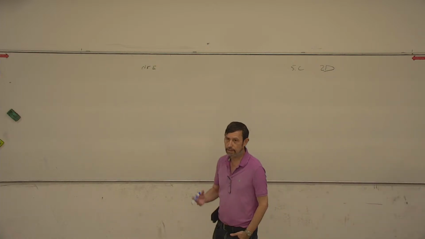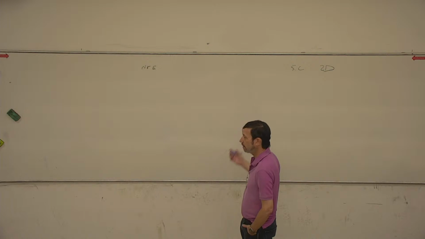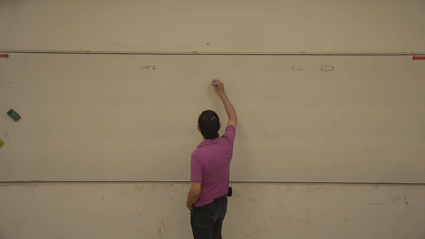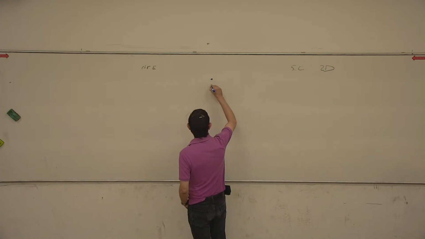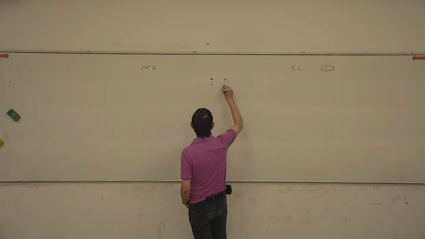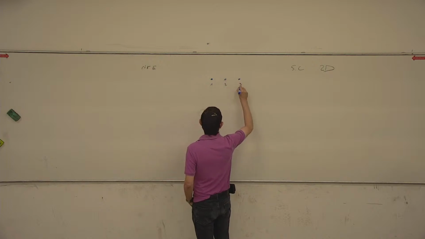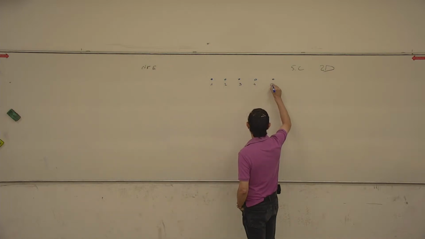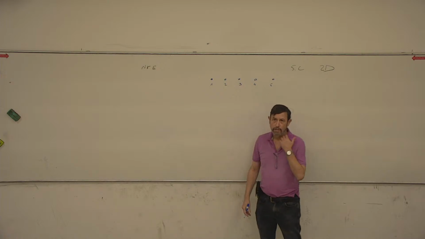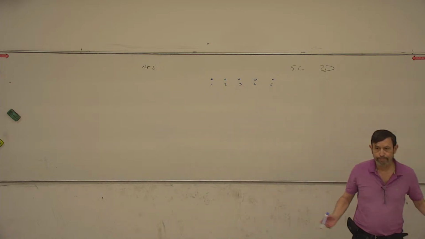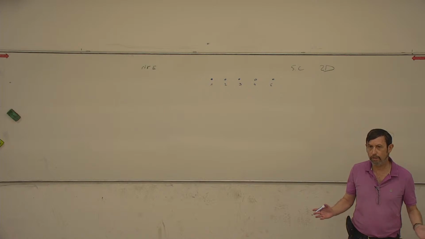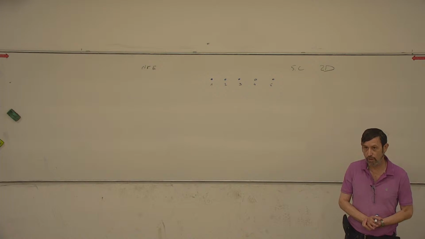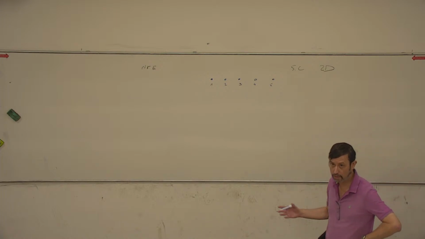Okay, so let's draw a lattice. For simplicity, I'll draw a one-dimensional lattice. In order to talk about specific boundary conditions, I can have either hard wall or periodic boundary conditions.